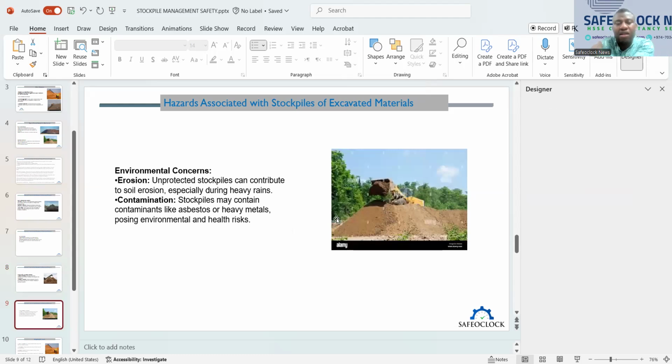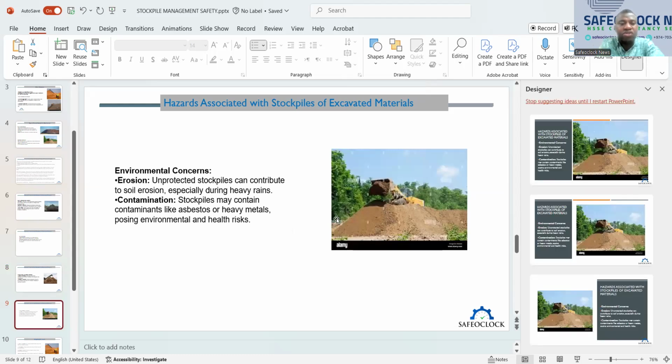Now, environmental concerns and environmental conditions. The materials you are stockpiling are coming from different locations. Maybe it was gotten from an excavation where other mineral resources were mixed in.